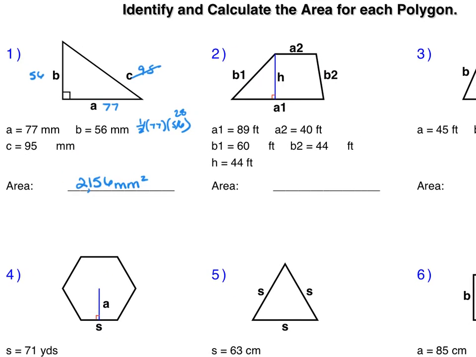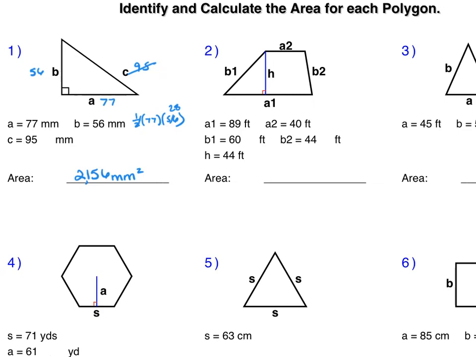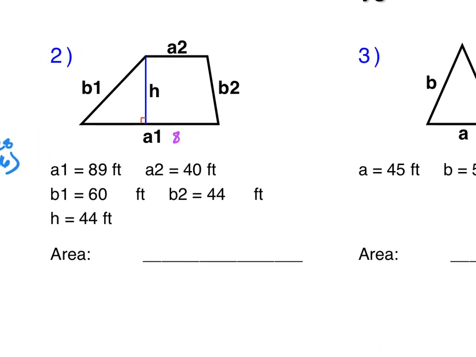Number 2 is a trapezoid. This is 89. This is 40. And the height is 44.